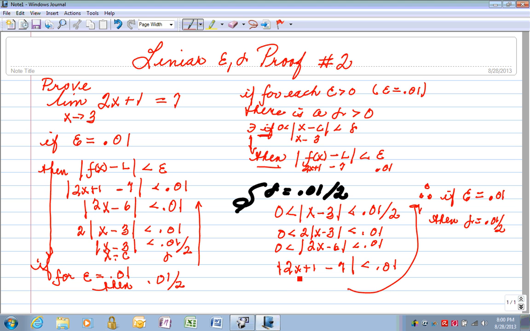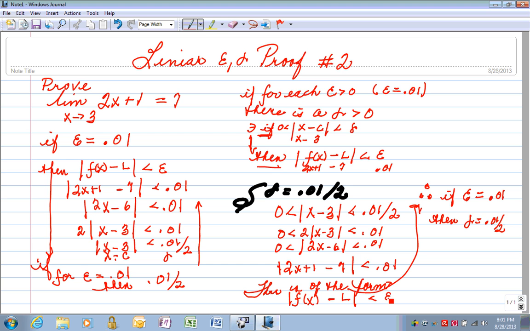Here, right before I say the therefore, I'm going to say, this is of the form the absolute value of f of x. This is not an easy game. Minus L is less than epsilon.